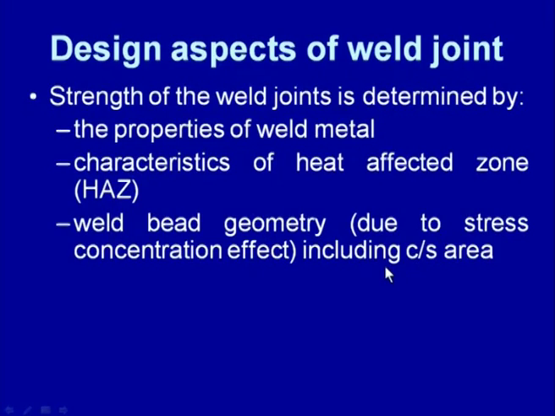Improper weld bead geometry sometimes leads to excessive stress concentration at the toe of the weld, which frequently becomes the site for stress concentration and facilitates the nucleation of the cracks and their easy growth. Because of this, the load carrying capacity of the weld joint is reduced significantly, even if the weld resisting cross sectional area is good enough, but the poor weld bead geometry leads to the reduced load carrying capacity and the reduced strength of the weld joint.